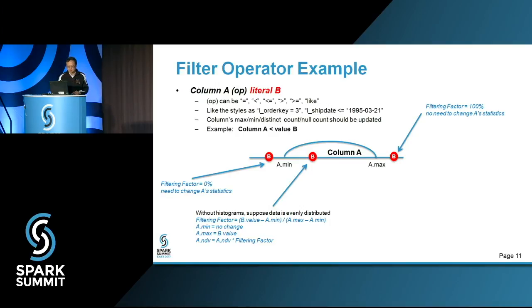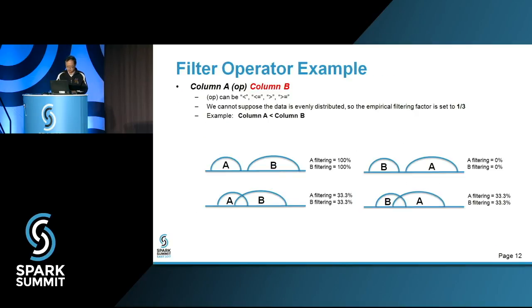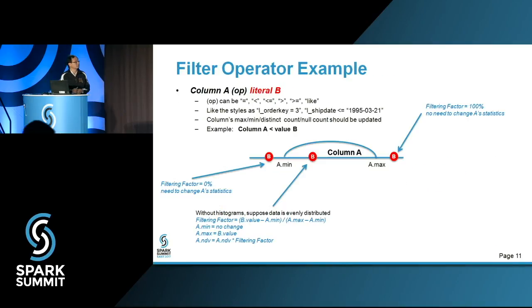We also need to adjust A's max, because the condition is column A less than B, so we adjust A's maximum value to the B value. If B value is greater than A's maximum value, then for this case, we know that all the records can meet this condition.